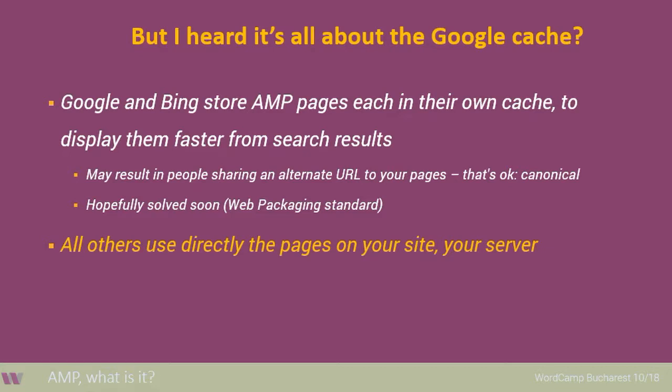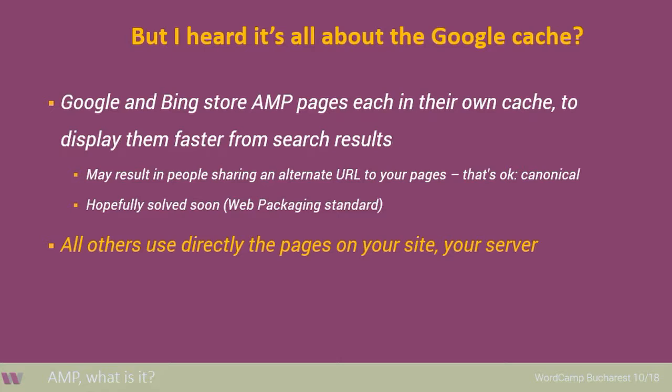So when you're searching for something on Google on your mobile phone, instead of showing you the actual AMP page from your website, they're going to show you the copy they have on their server, because it's just faster. So it really shows up instantly. There is no delay at all.